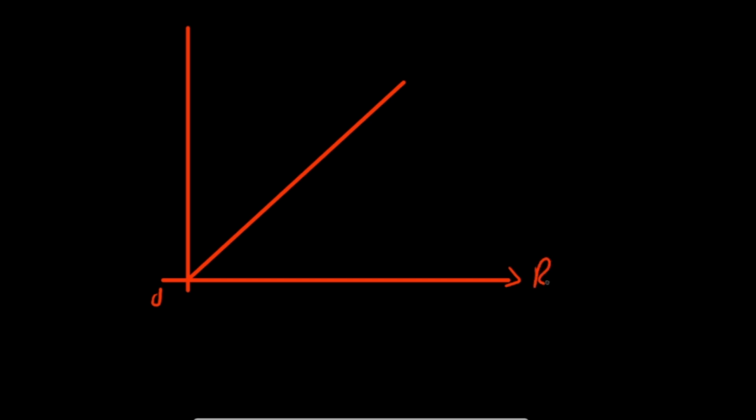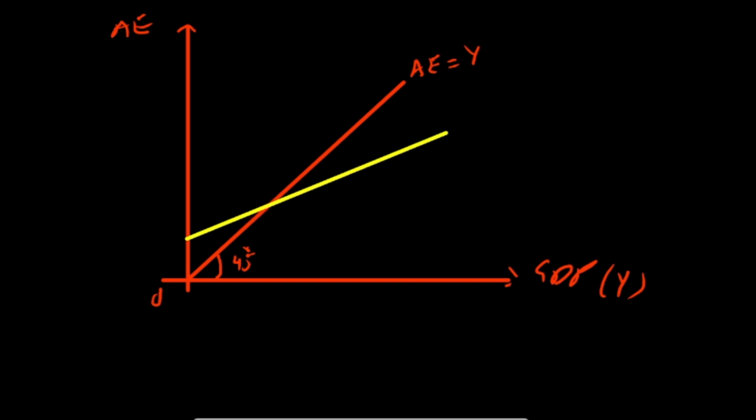We have GDP on X, and GDP is also represented as Y, and we have aggregate expenditure on the Y axis. This 45-degree line shows proportionality between income and aggregate expenditure. If there is proportionality between income and expenditure, then there will be a 45-degree line, and it is the basic math rule. And the actual aggregate expenditure line looks like this.